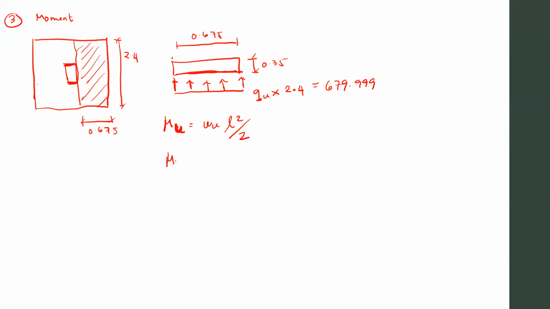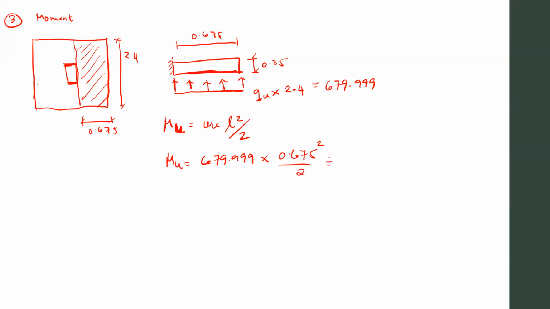Okay? Therefore, your MU, so alam mo na yung linear meter, that is 679.999. Multiplied it by the L, which is 0.675. Since cantilever nga, di ba? Yan yung assumption. So, that is 0.675 multiplied by the centroidal distance, 0.675 over 2 or WL squared over 2.